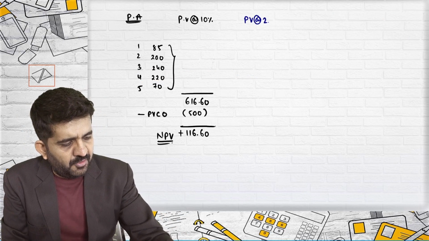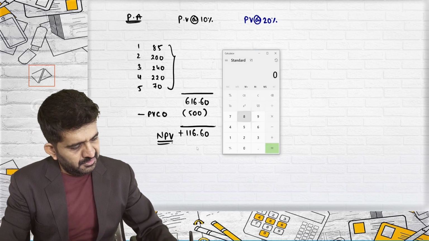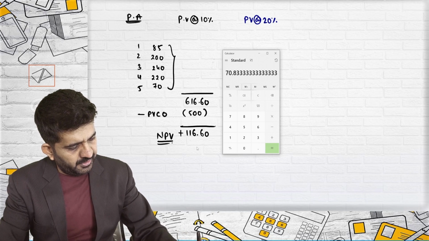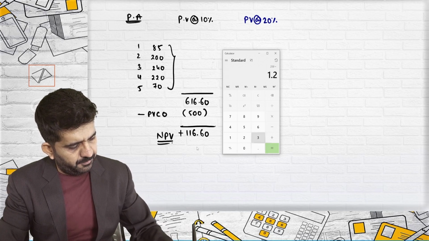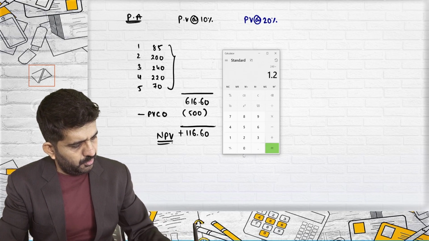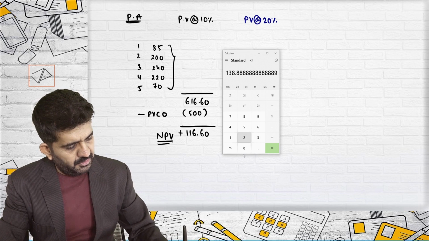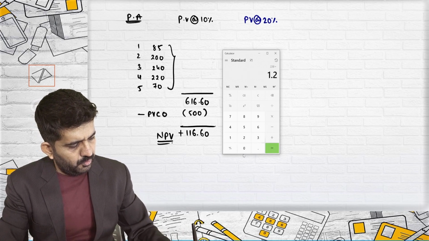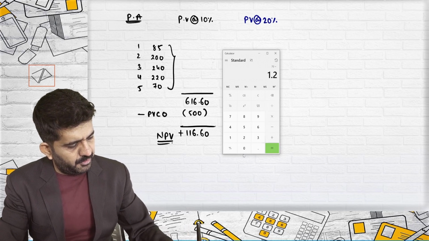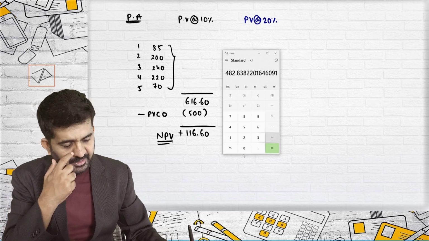Present value at the rate of 20%. It is 85 divided by 1.2 plus 200 divided by 1.2 squared plus 240 divided by 1.2 cubed plus 220 divided by 1.2 to the power 4 plus 70 divided by 1.2 to the power 5. The sum is 482.83.